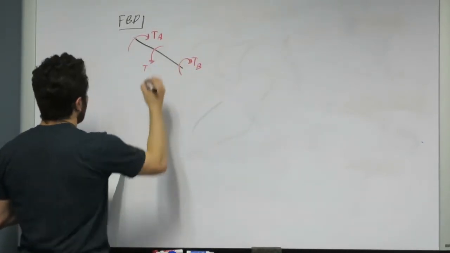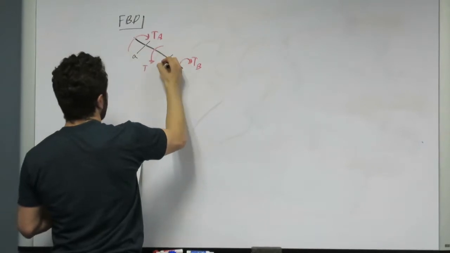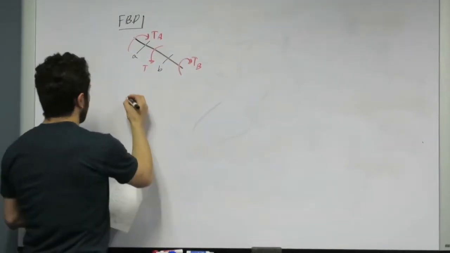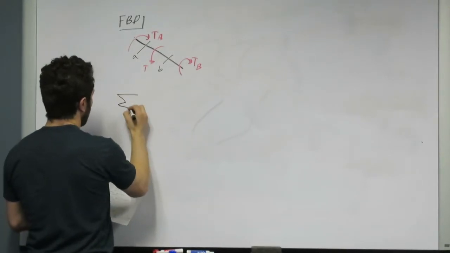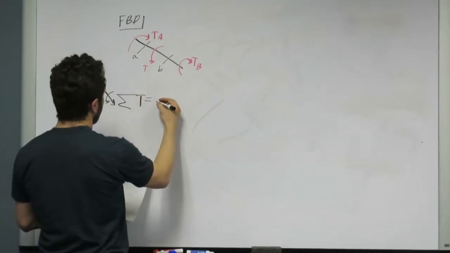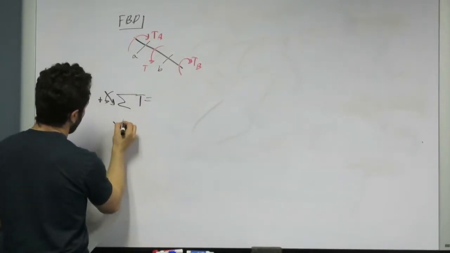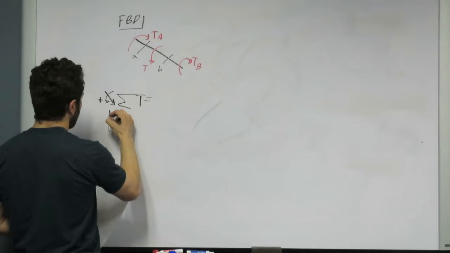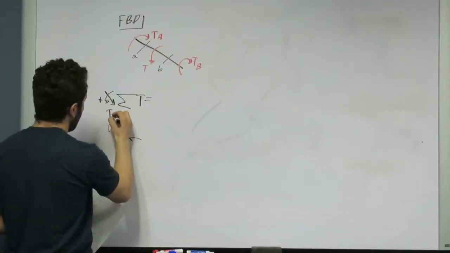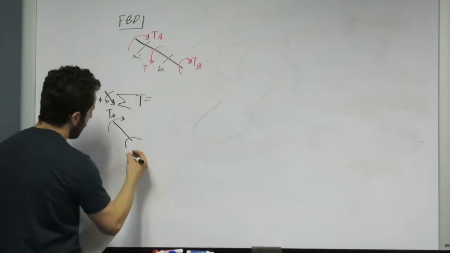So we're going to look at section A, section B. So section A being first, adding up the forces in the positive direction, we get a method of sections that looks like this. TA, yeah, TA, sorry, this is AC and BC.